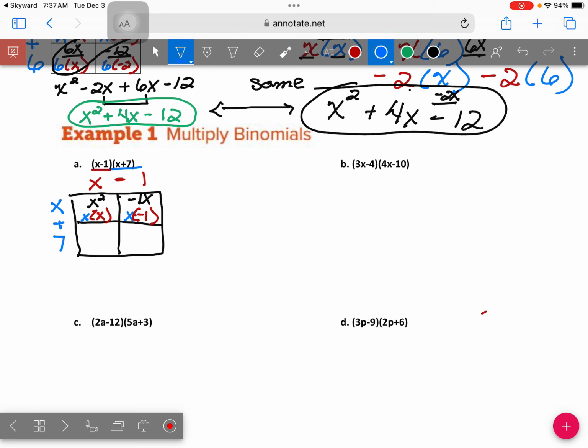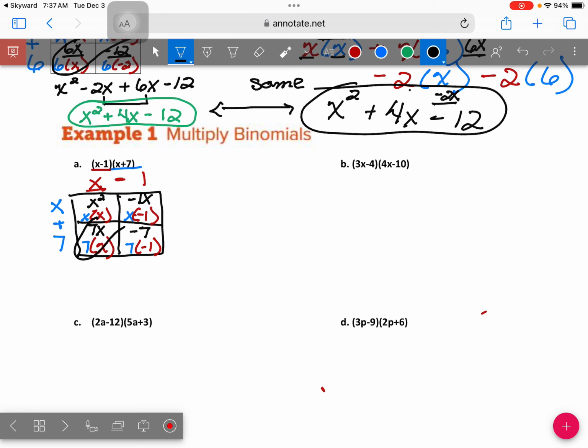The blue +7 times the red x above gives me 7x. And finally, the blue 7 from the left and -1 from above. 7 times -1 is going to be -7.